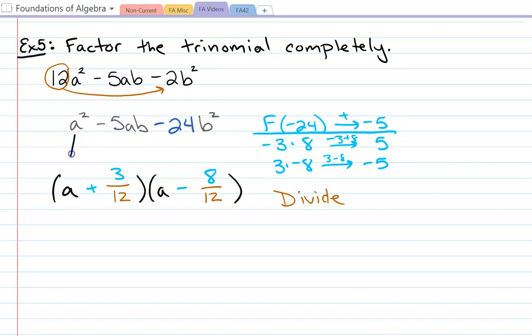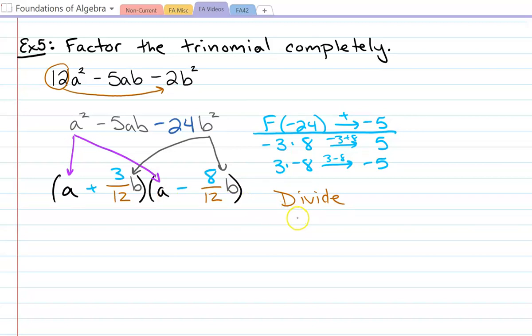If we have the a's in front because a is in front, then guess what? We have b's in the back because b's are in the back. Okay? The rest is identical.